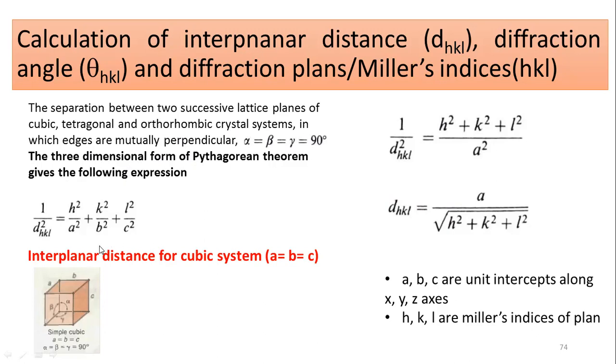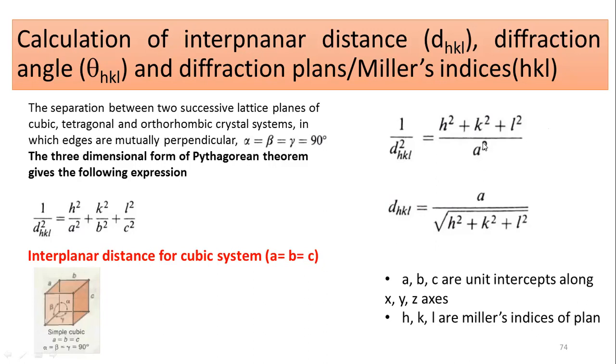For the interplanar distance of the cubic system, where the three intercept lengths are equal to each other, a equals b and b equals c, you can just put the value of a instead of b and c, and when you take the LCM, that would be a square. Again this equation will become this, and when you invert this equation and remove the square, of course you must take the square root.